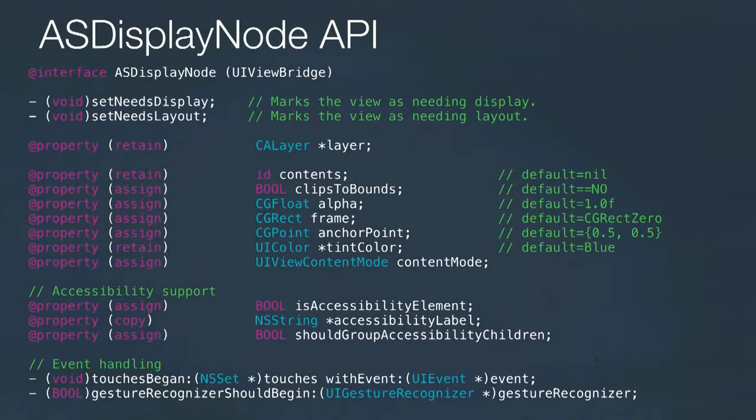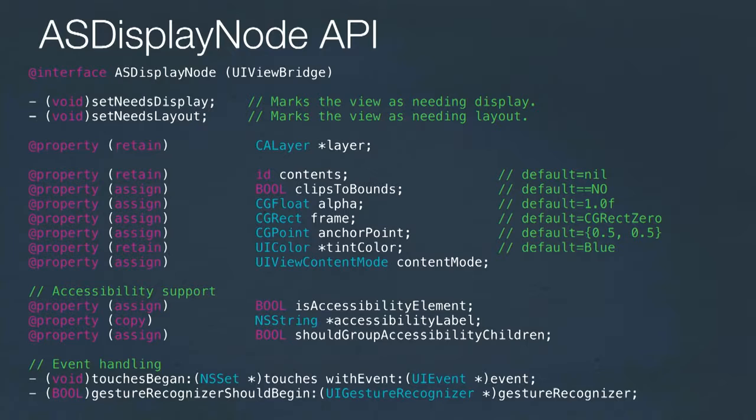So this part of the API, which is just a subset, is just an example of the UIView and CALayer functionality that's exposed through the node. This is to say that the Node API was designed as a superset of UIView and CALayer. This is really useful because all of these properties or methods you've seen before, you can implement a touchesBegan method. It will be called as you've experienced in the past.